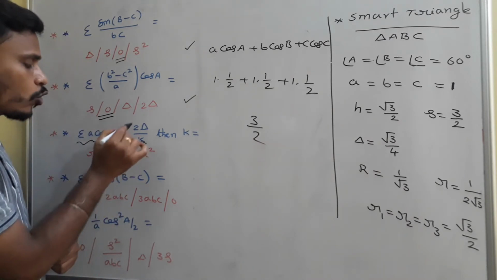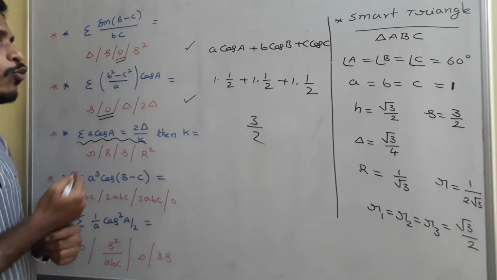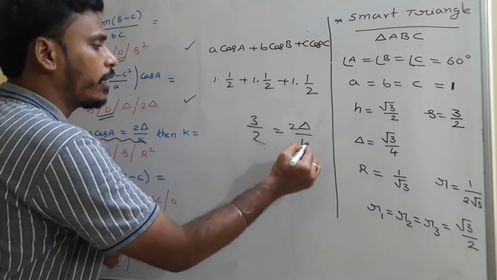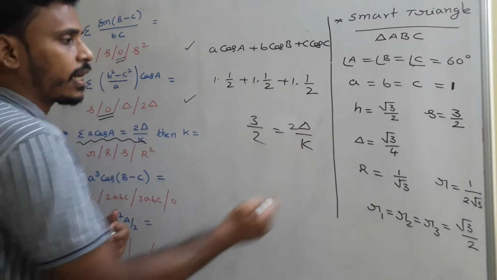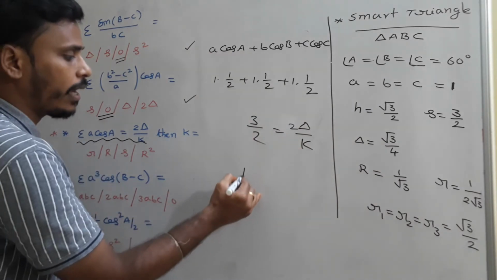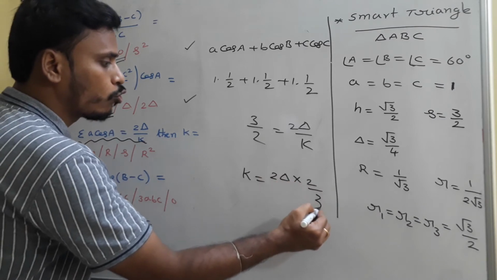As they mentioned, it is given as 2 delta by k and we need to find k. So this 3 by 2 is equal to 2 delta by k. What is delta? Delta is root 3 by 4. Our target is to find k, so make k the subject. K is equal to 2 delta into 2 by 3.